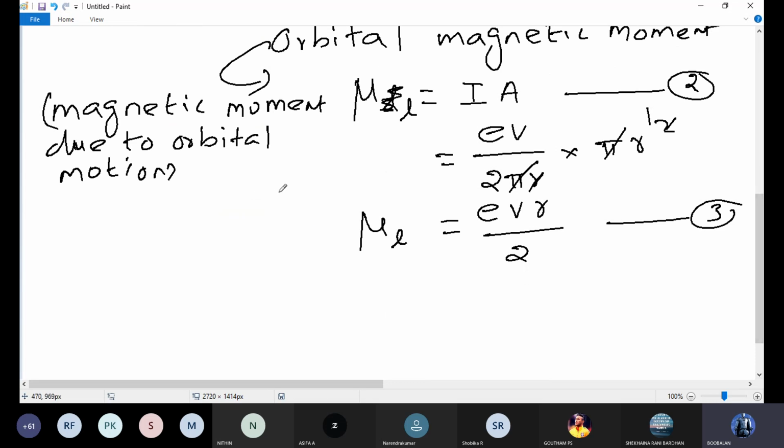Okay, next one. Finding the angular momentum.